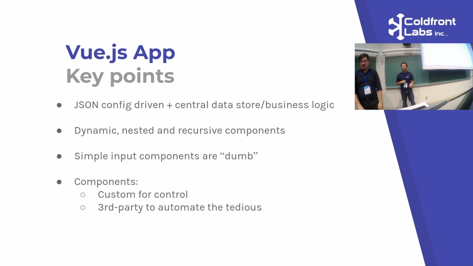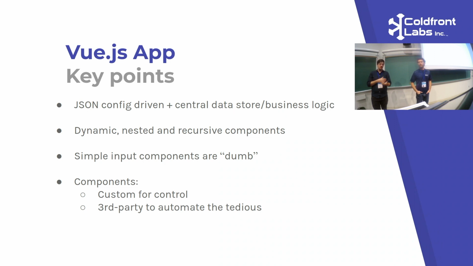Key points. This app is JSON driven, so everything that comes in or goes out is JSON. It's configured first: instead of hard coding things all over the place, I have one JSON file that has everything in it, and the first thing the app does is read that file and configure itself. And then it uses a data store.